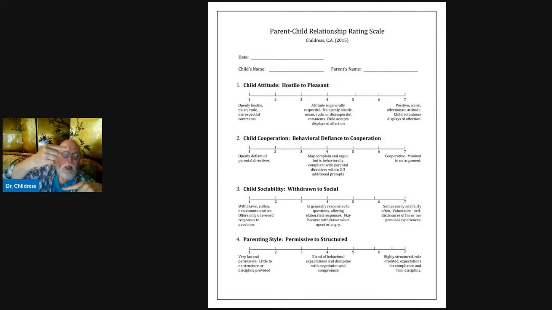Excuse me. And so, what this does right away by having the targeted parent rate the child on these three symptom features is it puts the parent back in charge of judging the child, which is the proper hierarchy within the family.